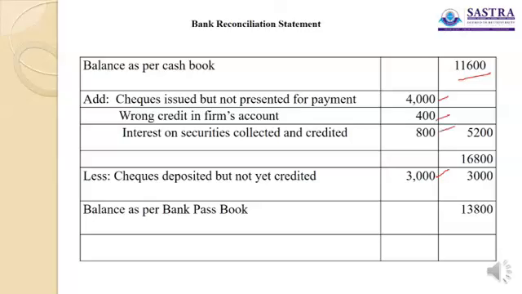So 4,000 plus 400 plus 800, 5,200 rupees added to 11,600, so that the total becomes 16,800. And there are some deductions, one kind of deduction, checks deposited but not credited. So only one deduction, 3,000 rupees. So the balance as per the passbook shows 13,800 rupees.